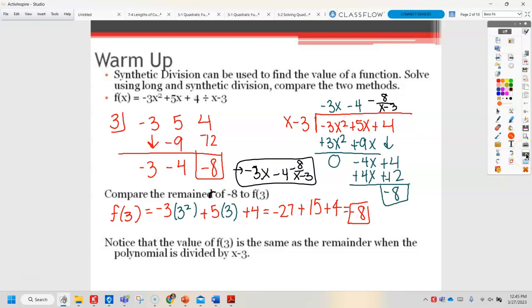So you should notice that the value of f of 3 is the same as the remainder when you did polynomial division for x minus 3. So that is part of the remainder theorem concept. The remainder theorem concept says that the function evaluated at that divisor's x value is equal to its remainder.